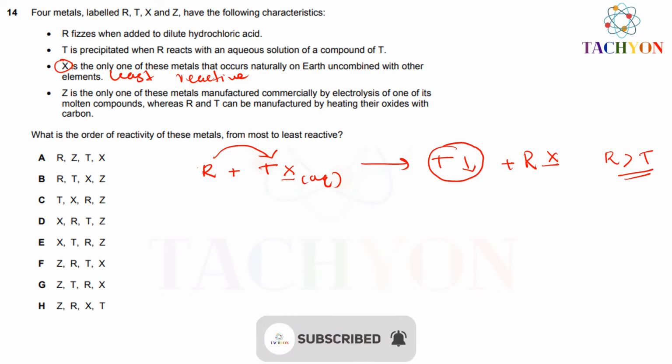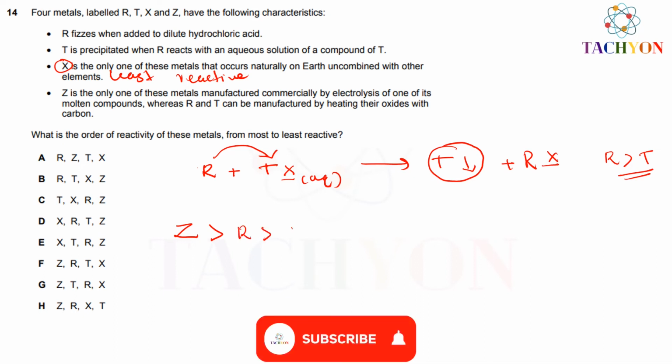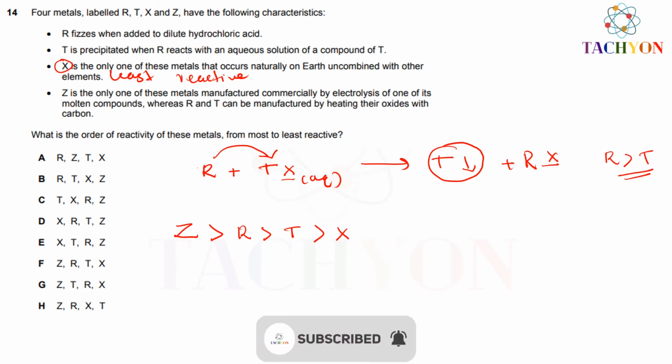So they are less reactive compared to Z. So Z is more reactive than R and T. Between R and T we discussed R is greater than T. Then X is the least because that is in the uncombined form. I hope that is clear. So the right answer is going to be F: Z is greater than R is greater than T is greater than X.